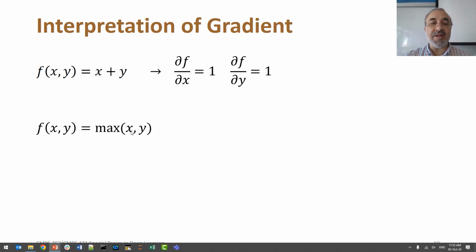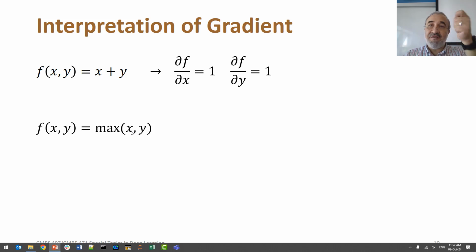What if x is greater than y? Then the maximum is x. In that case, the derivative will be 1, right? Any change in x will be reflected directly on the function. So what if x is less than y? If x is less than y, what would be the maximum?